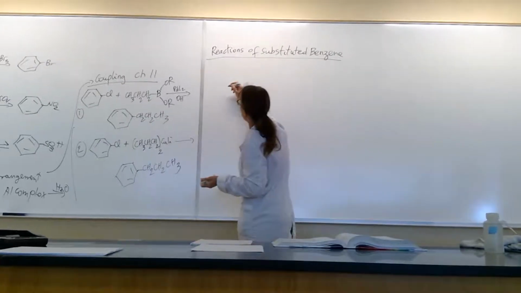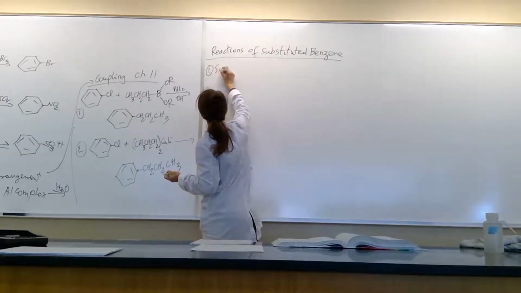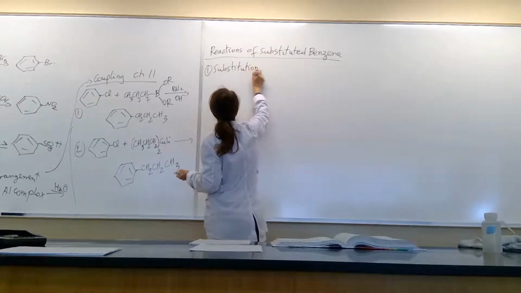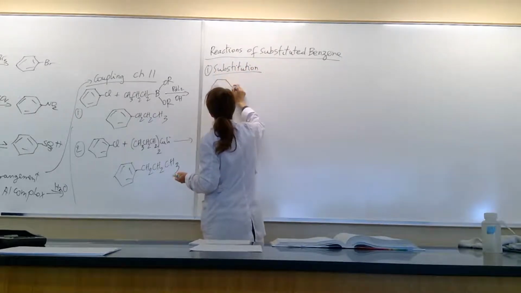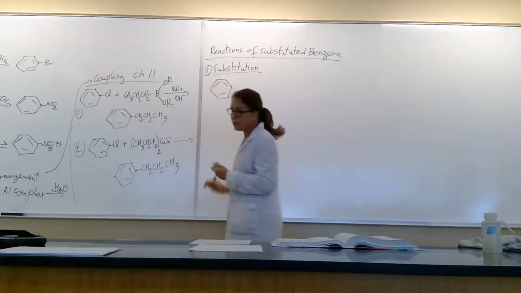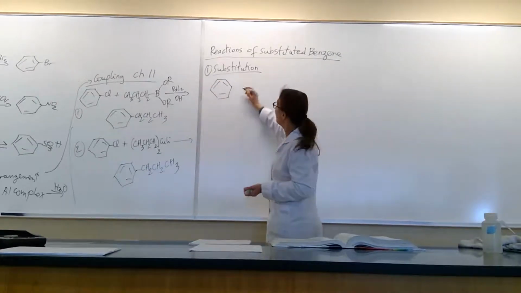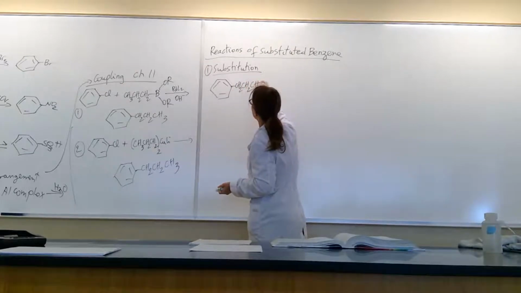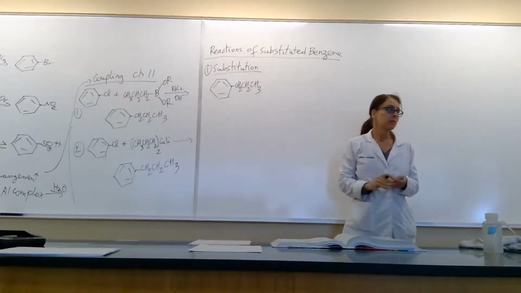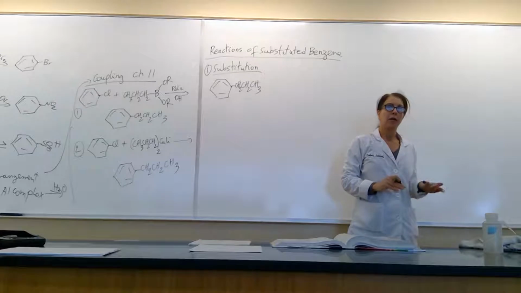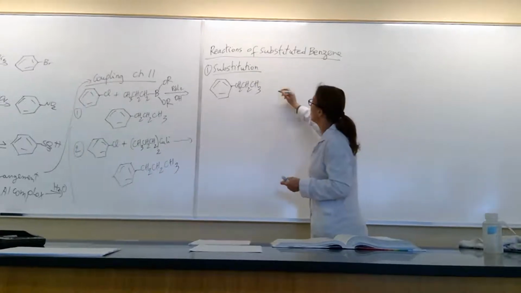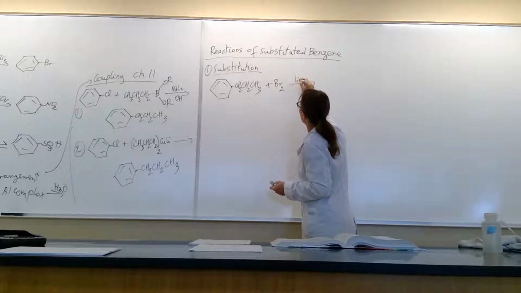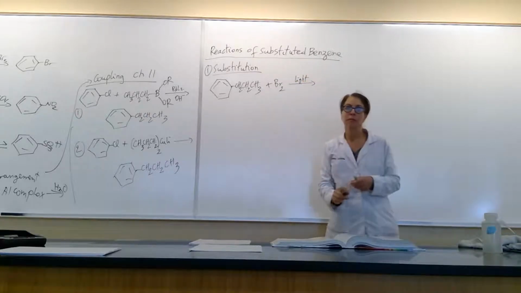So for example, the first type of reaction can be substitution. One example is if I have my alkylated benzene and I use bromine in the presence of light, what does it remind you of?